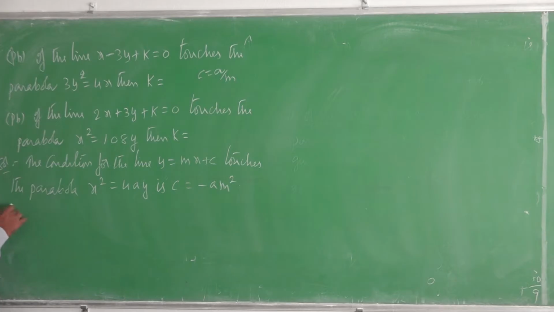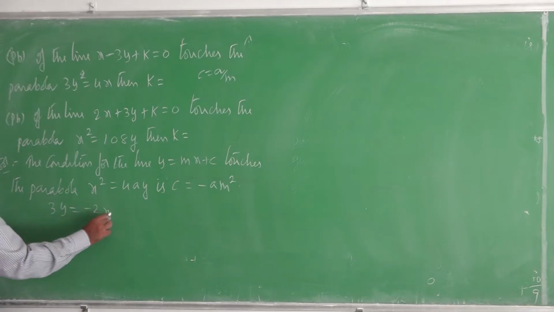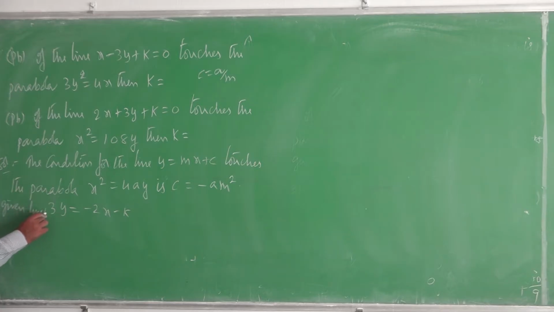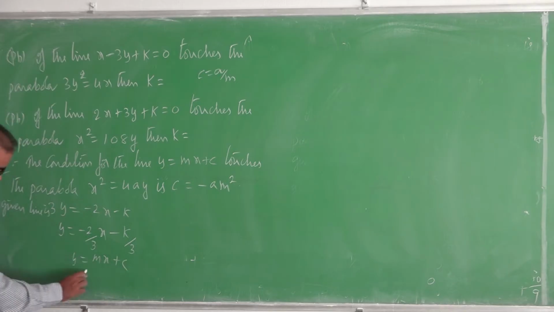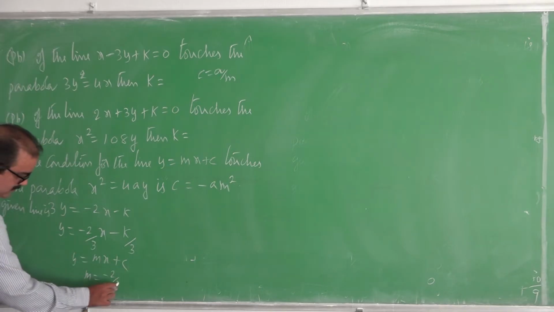Write it as: given line 3y is equal to minus 2x minus k. From this, y is equal to minus 2 by 3 x minus k by 3. It is in the form of y is equal to mx plus c. What is the m value? Minus 2 by 3.